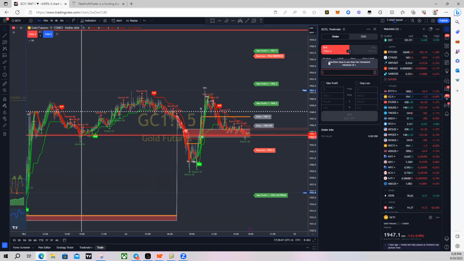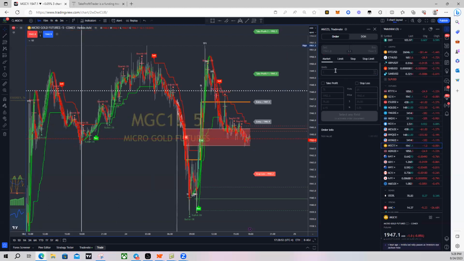If you're doing just one contract on the mini, it's $10. If I'm doing one contract on the micro, it's $1. So instead of risking the full $10, if I just wanted to risk $3, I would go down to the micro and turn the units to 3 because it's $1 per contract.